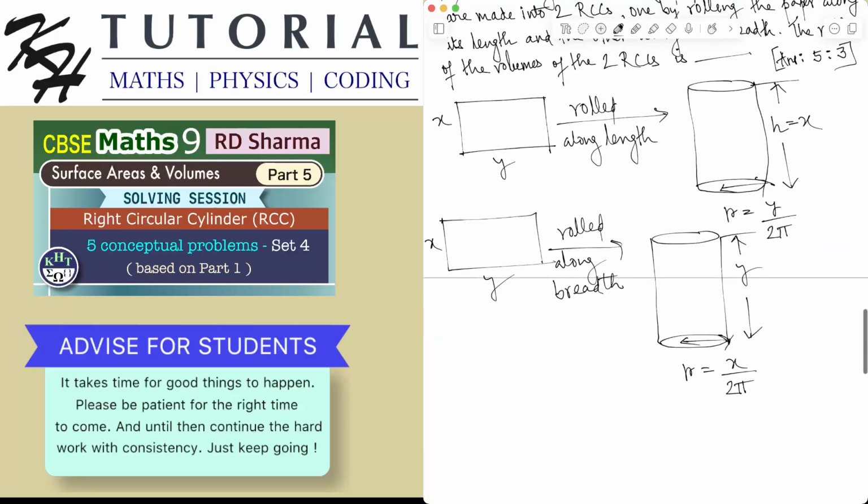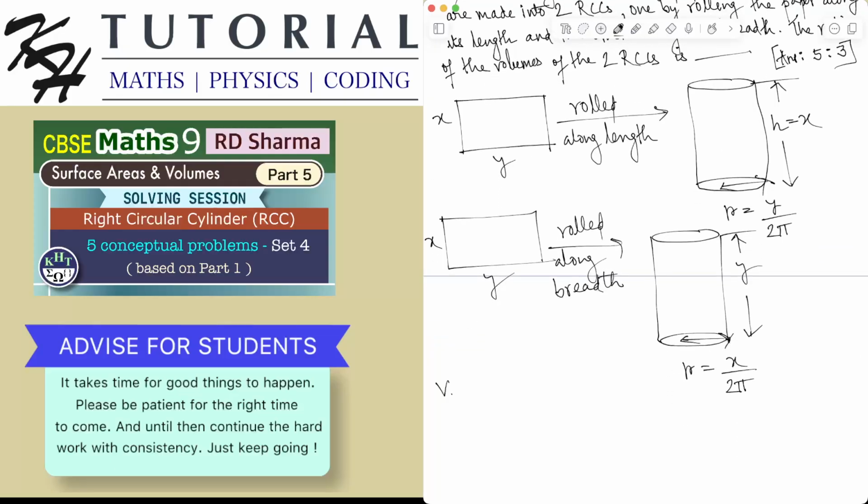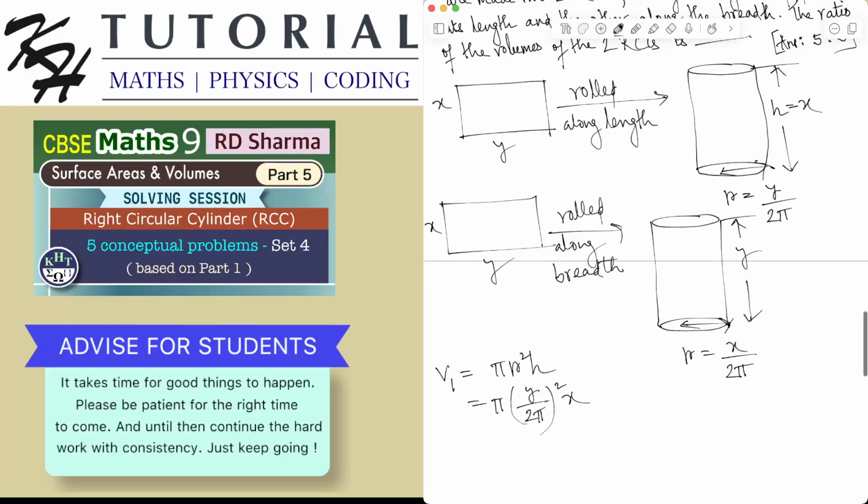So now let's say V1 is the volume of the RCC formed when the rectangular sheet is rolled along the length. So pi r square h, r is y by 2 pi, squared, h is x, and let's say V2 is the volume of the RCC formed when the rectangular sheet is rolled along the breadth.